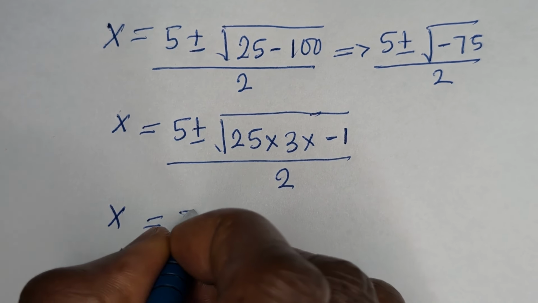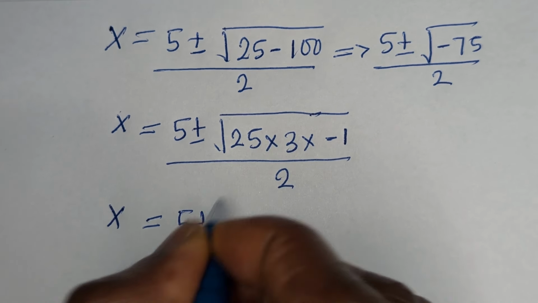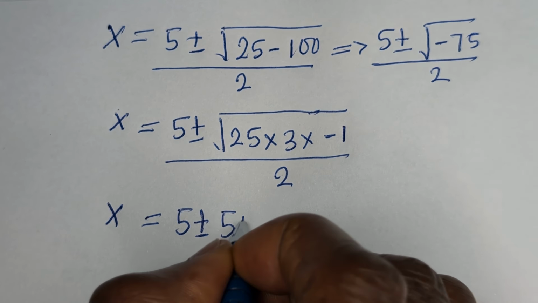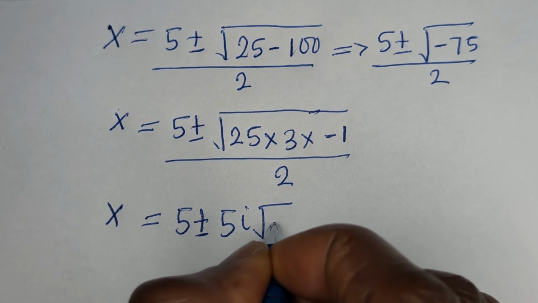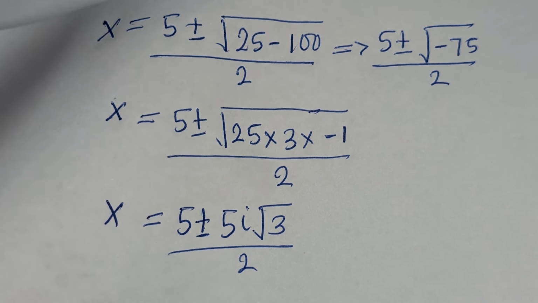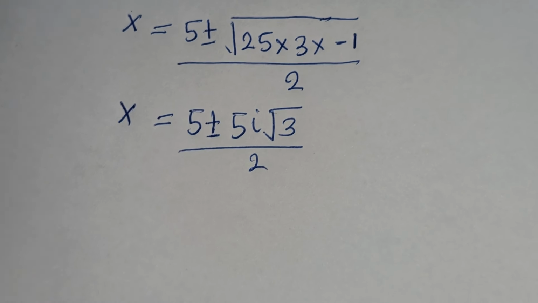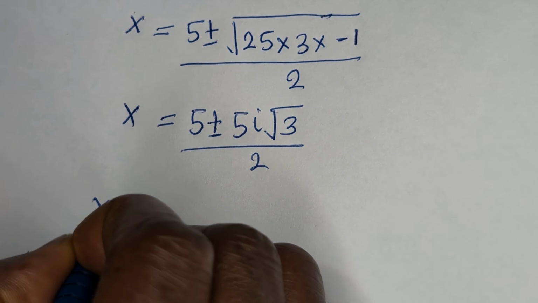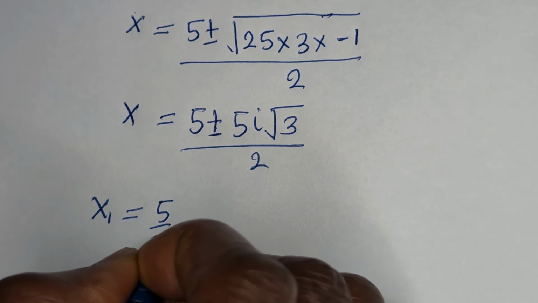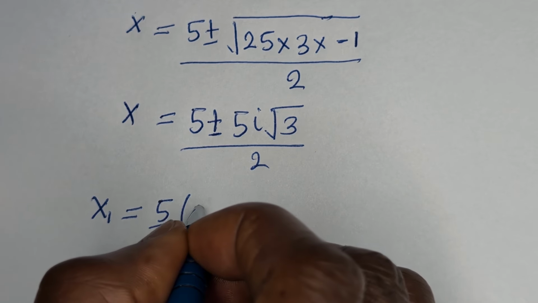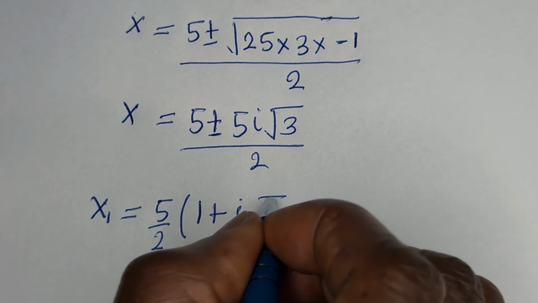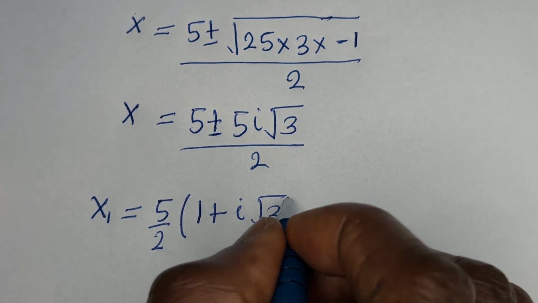x is equal to 5 plus or minus square root of 25, that is 5. Square root of minus 1 is i, root 3, over 2. Therefore, x1 is equal to, 5 is common, we have 5 over 2 bracket 1 plus i root 3.